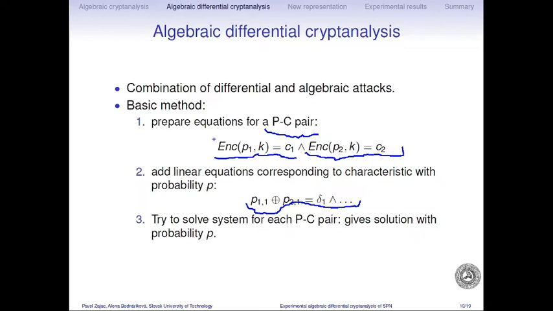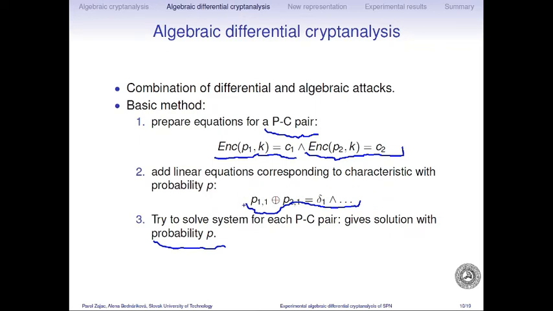Thus we have a system consisting of one equation for one plaintext, ciphertext pair, a second equation, and some linear equations, and we can try to solve such a system for each two PC pairs essentially, and check whether there is a solution. And this solution only exists with probability p because we have added these linear equations.